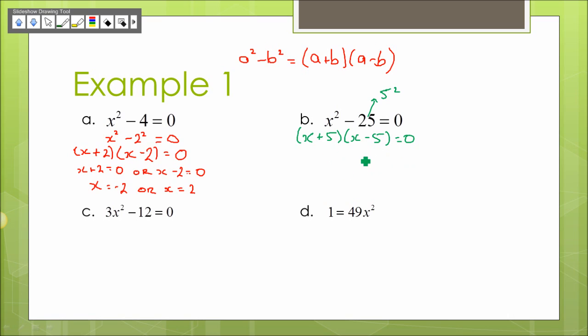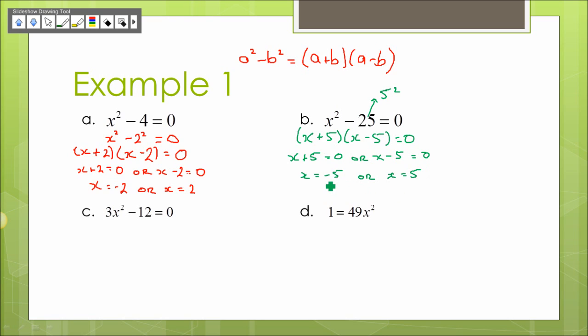Now, using the null factor law, that tells us that either x plus 5 equals 0 or x minus 5 equals 0. Now, that implies for this statement to be true that x itself must be minus 5 or x must be 5.